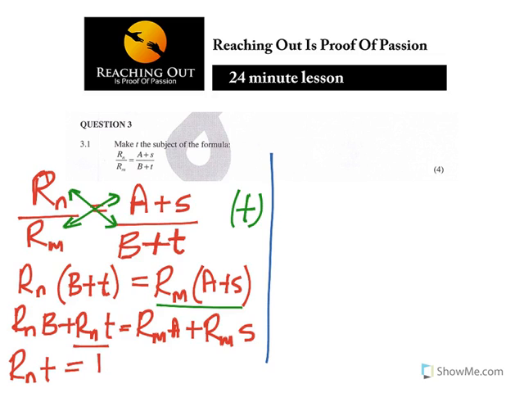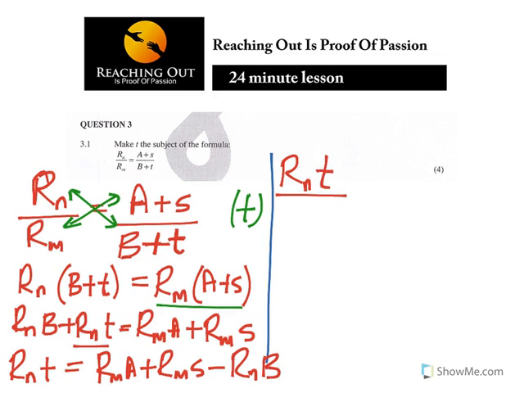You're going to have Rnt is equal to Rma plus Rms minus Rnb. Now you divide both sides by Rn, because we want to remain with t, remember.